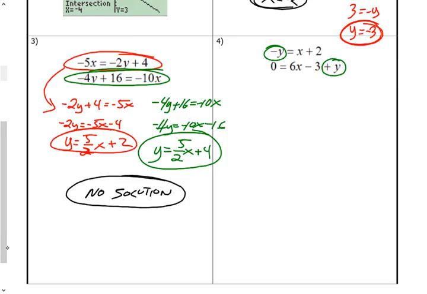So I like this first one the way it is. That's fine. And my next one, I'm going to have to move. Really, I'm just going to have to bring the y over to the other side. So there, they're both rearranged. And again, I'm rearranging them in a way that lines up all the variables.